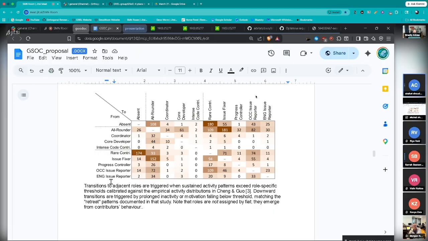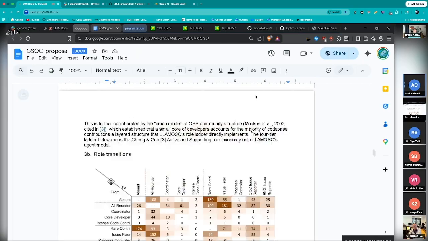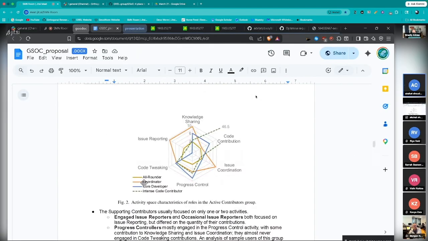Yes. Also, having different things that could influence this. About the initial state, I had this idea for this graph that we are able to program what type of contributors they are currently acting as. So we can test what happens under an all-rounder leadership, what happens under an intense code contributor.